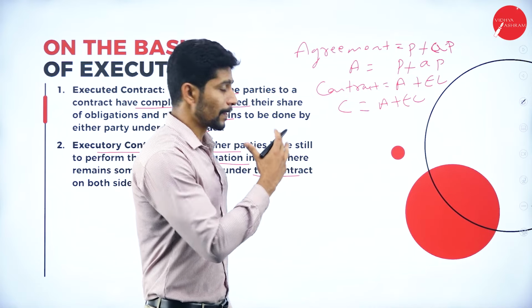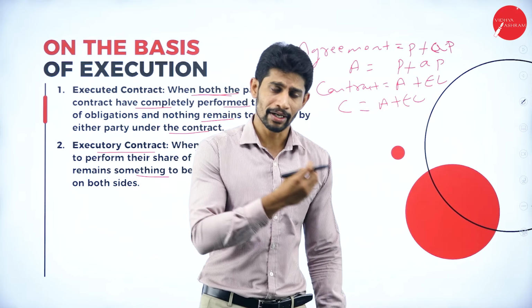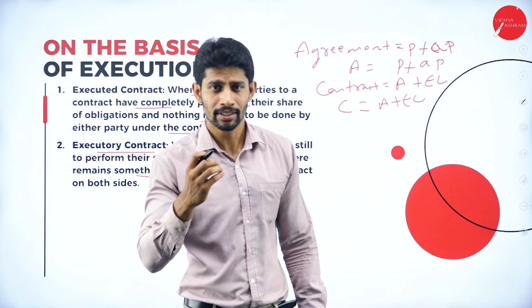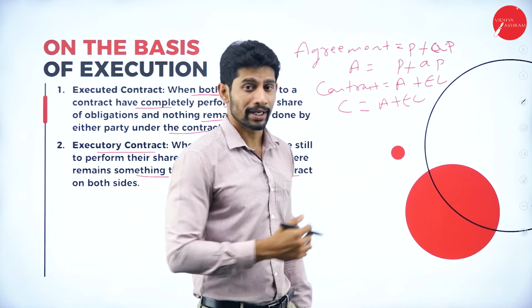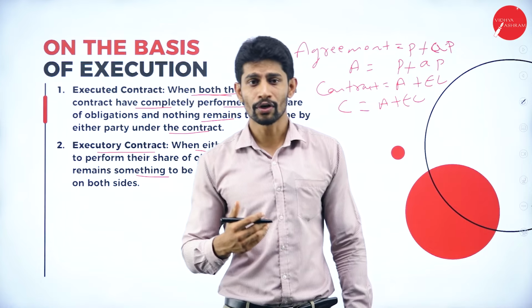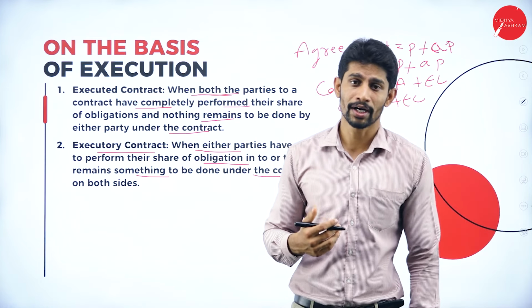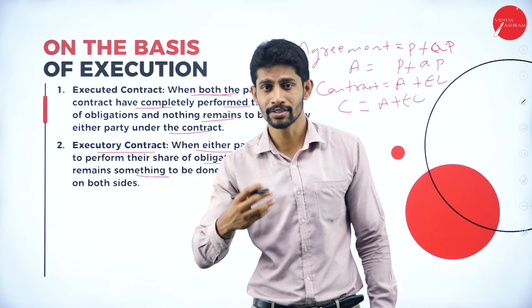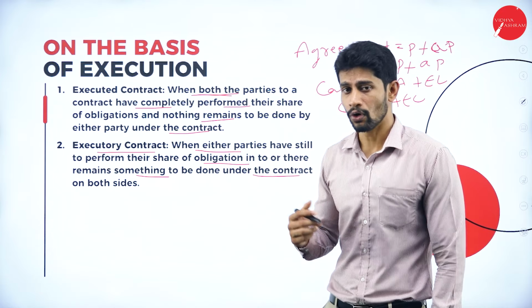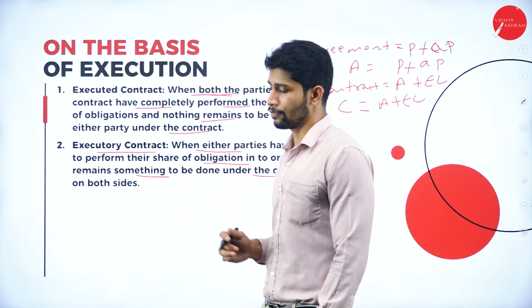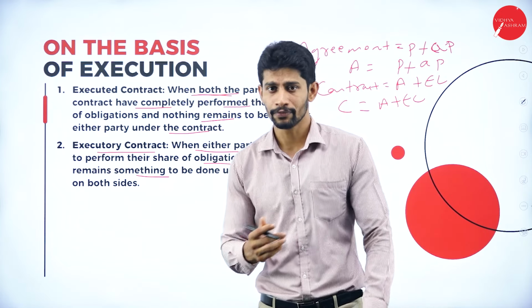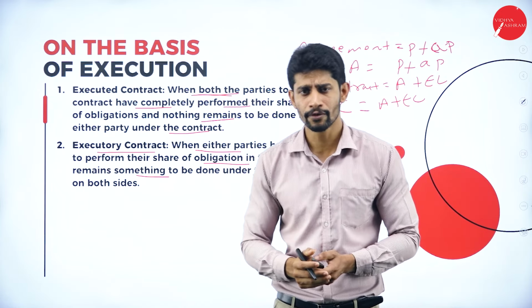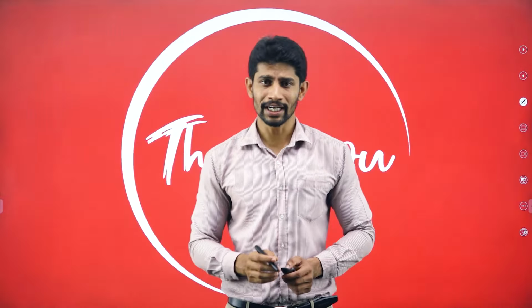In a very easy manner, in a very short time, you can memorize these definitions, that is agreement and contract. Next, we learned the essential elements required for contract. And we also learned the types of contracts on the basis of execution and on the basis of enforceability of law. So with this, I'm going to wind up this session.